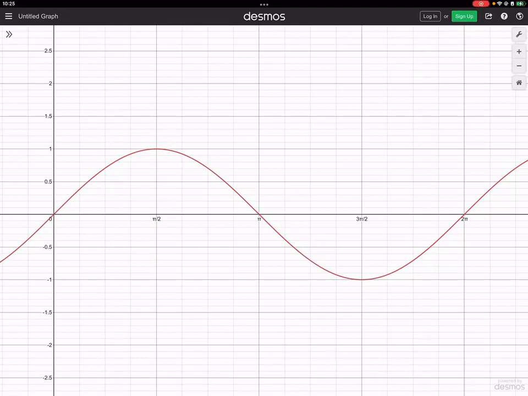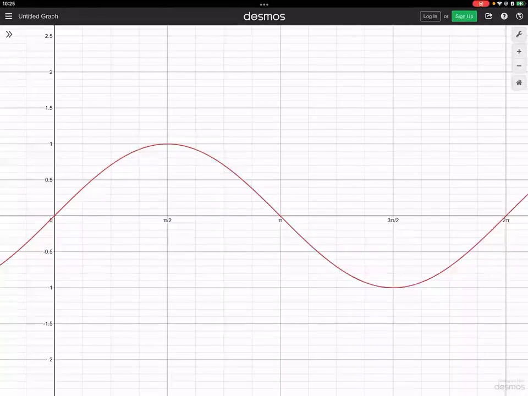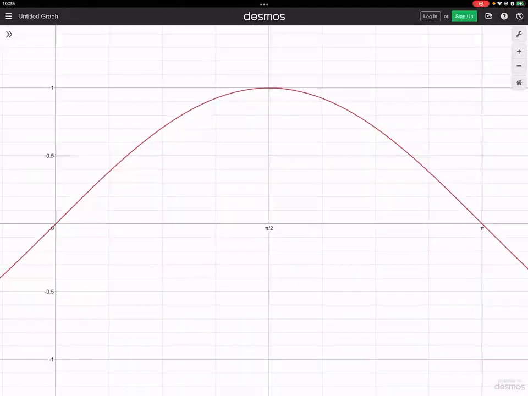Now, what if I show you only this much? If I only show you this much of the graph, can you still tell the period? How?